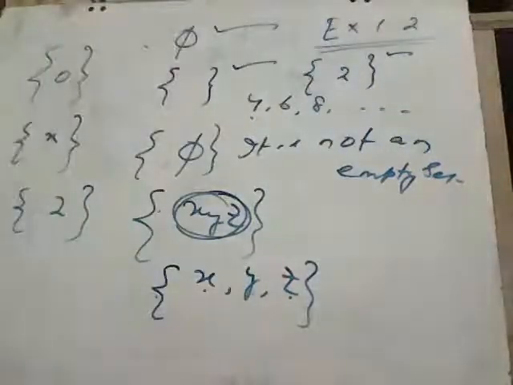This is the set. So it is a finite set. It is a singleton set. It is not an empty set. So question number 1, second bit, set of even prime numbers: it is not an empty set, not a null set.